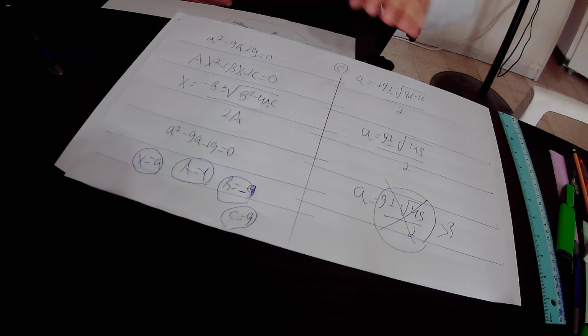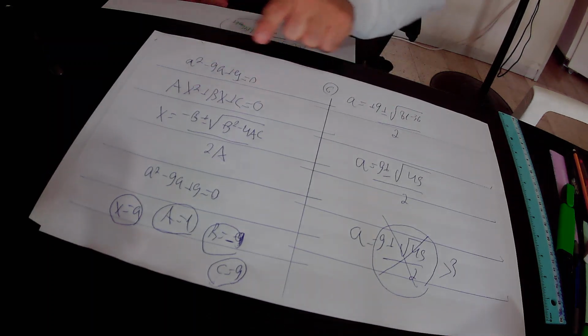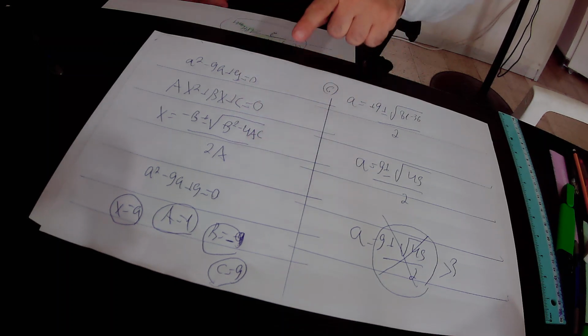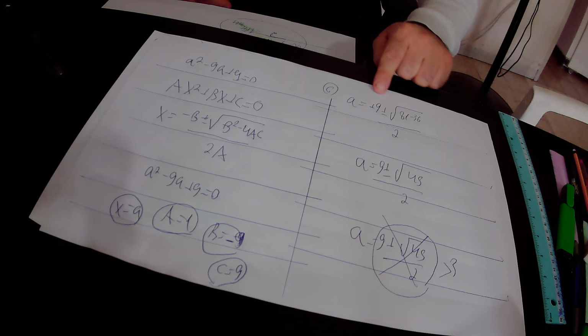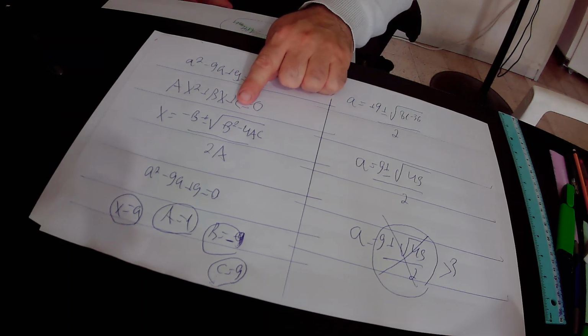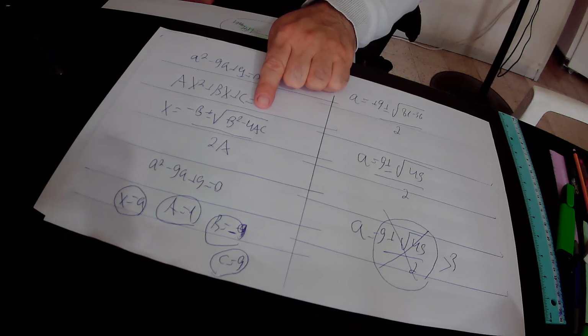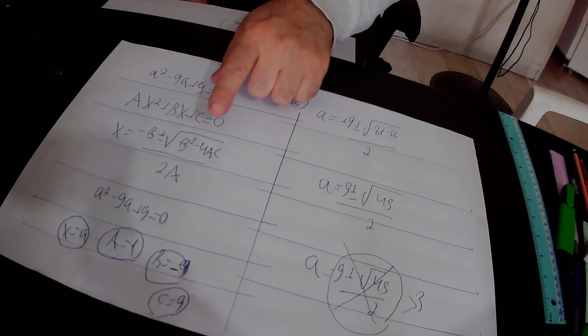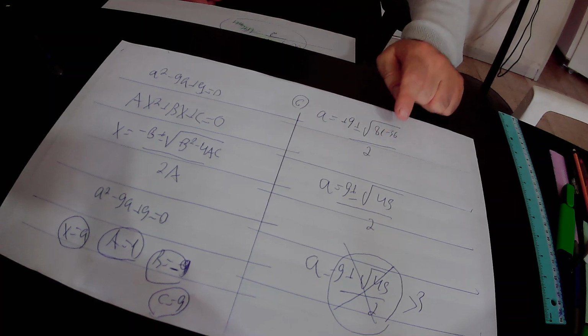So we did it, and a equals minus b. b is minus 9, therefore minus b is plus 9, plus or minus square root of b squared. b squared is minus 9 squared, that is 81, minus 4 times a. a is 1, so minus 4 times 1 times c. c is 9, so minus 4 times 9 is minus 36. So inside the root we have in total 81 minus 36, over 2a. a is 1, so 2a is 2 times 1, that is 2.